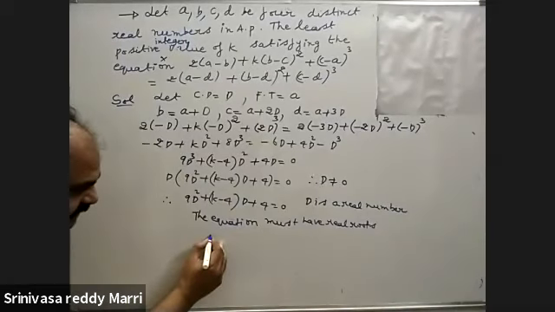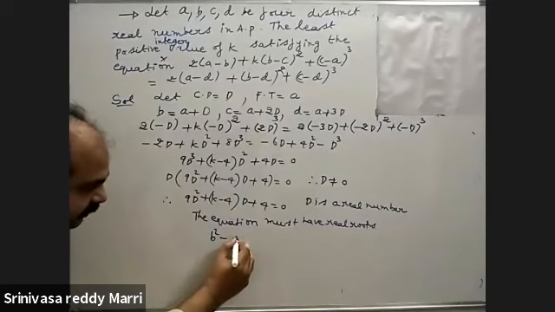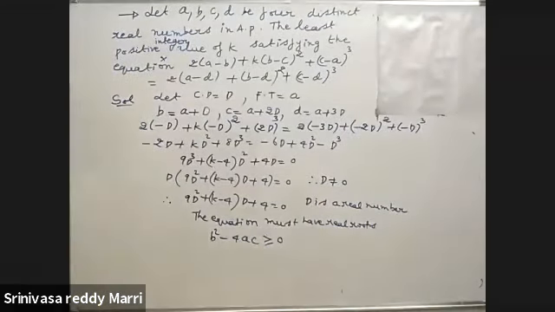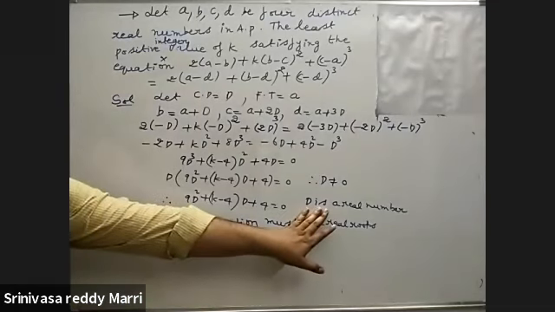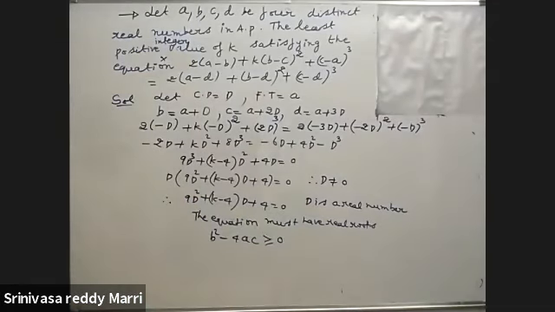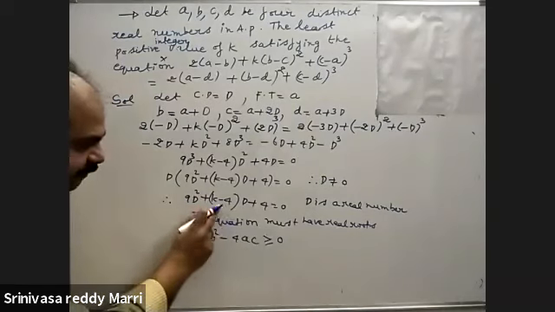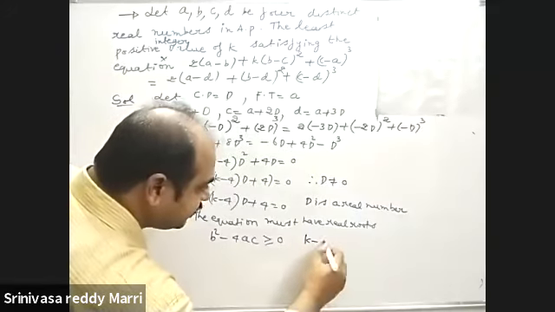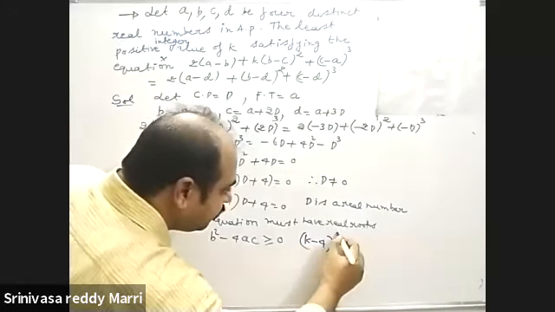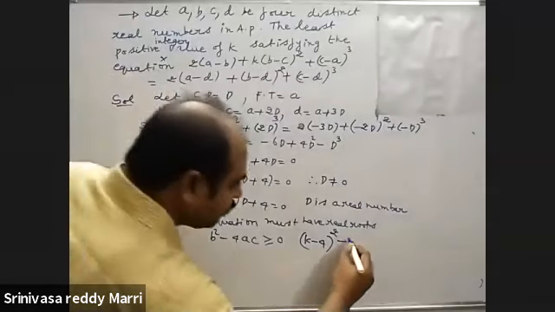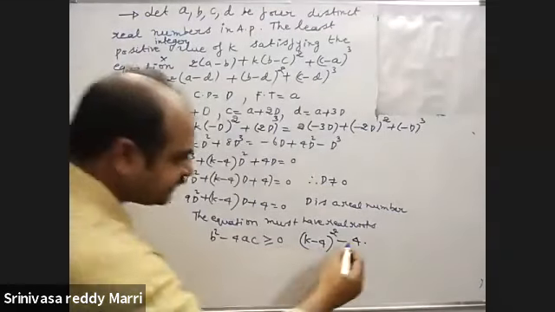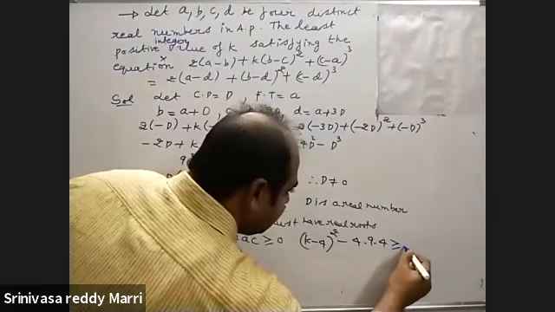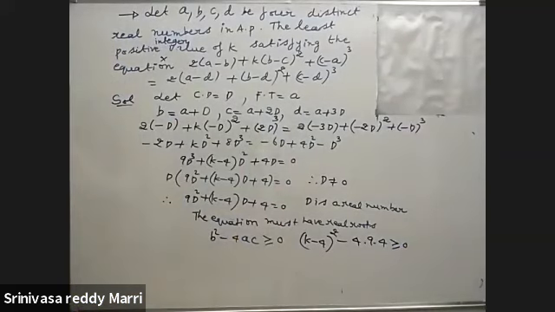Real roots means discriminant greater than or equal to 0. Discriminant is B square minus 4AC. A is 9, B is K minus 4, C is 4. So (K minus 4) whole square minus 4 into 9 into 4 greater than or equal to 0.